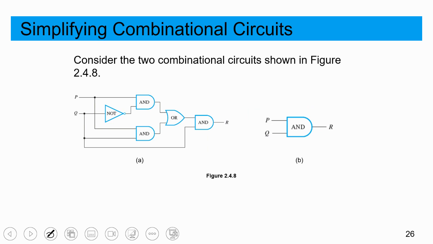Okay. So here it says consider the 2 combination circuits, and we're almost done with this. The idea here is that this left circuit has the same logical input and output as the one on the right. And so why would we go through all of this if we could just do this?